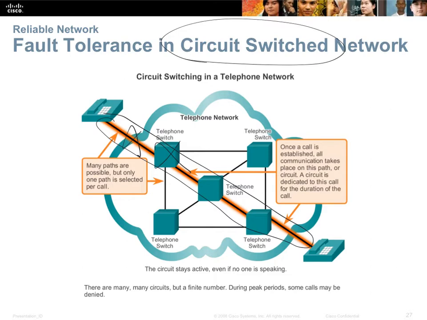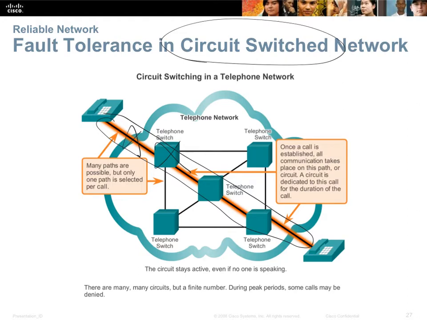So circuit switched, what does this have to do with fault tolerance? Well, it has some implication on the level of fault tolerance that you can support in your network. Because if we're talking about circuit switched, if you have any disruption in the voice call, what will happen? The call will get disconnected, and you have to dial the number again. So here the interrupt is significant. Why? Because the circuit is dedicated for you.